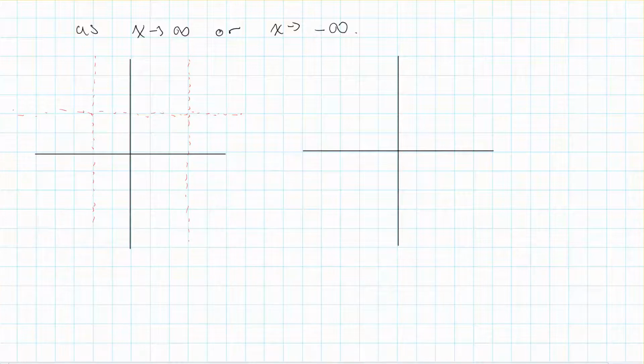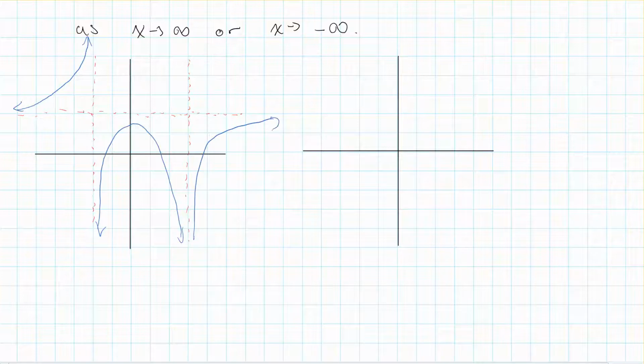Okay, so if we draw an example of a function here, maybe it looks something like this, and something like this, and something like this. So in this graph right here, x equals -2 and x equals 3 are vertical asymptotes.